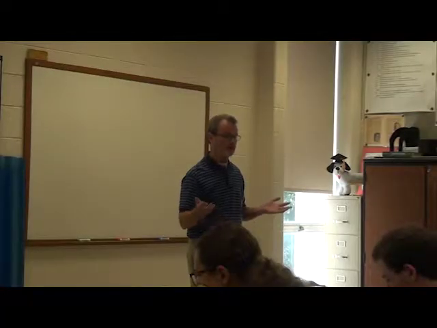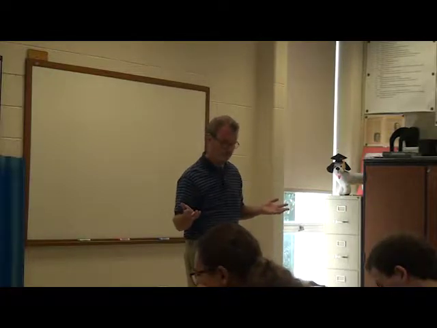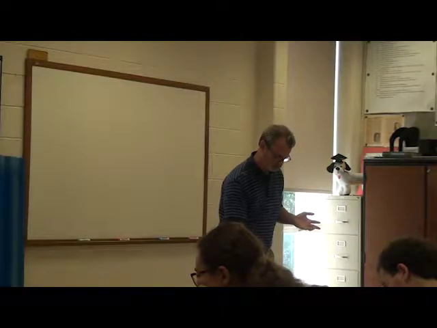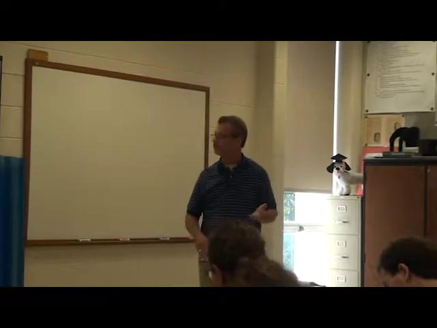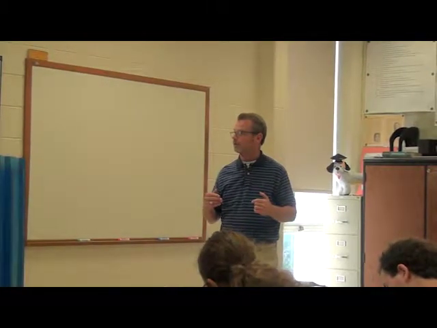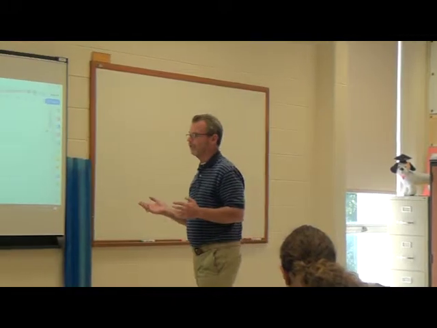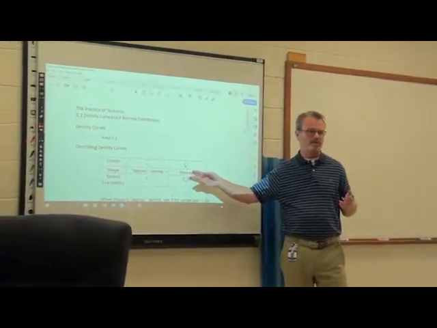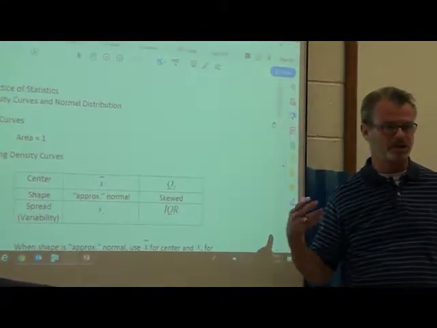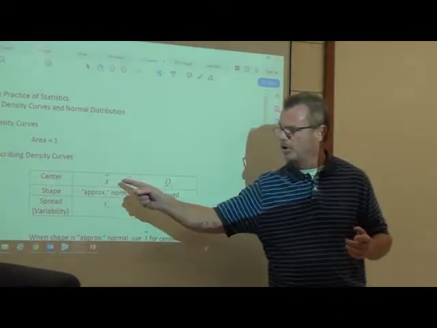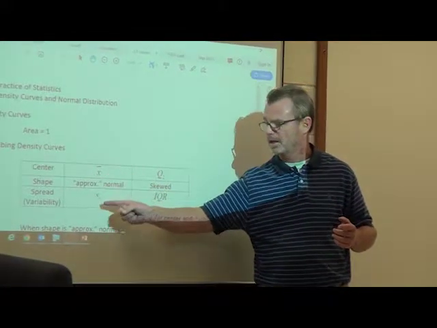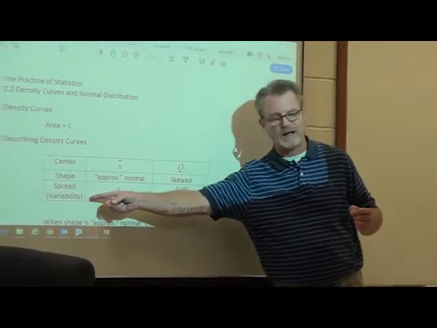The one in the center, which is bimodal, has two peaks. Okay? But if we use the mean as the measure of center, then we're using standard deviation for variability.